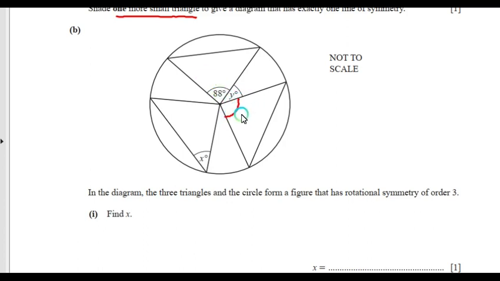So this must be 88 and this must be 88 as well, right? And similarly, this is the right side of the triangle, so this must be x, and this must be x as well. If it is y, this must be y, and this must be y as well. So we have to find the value of x.